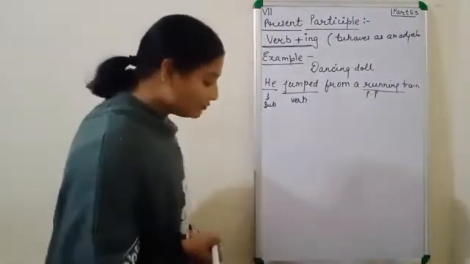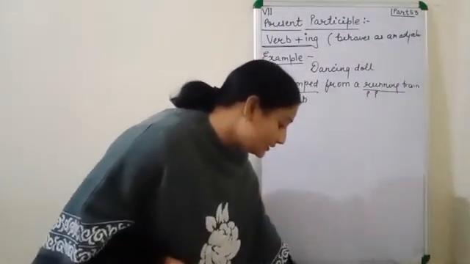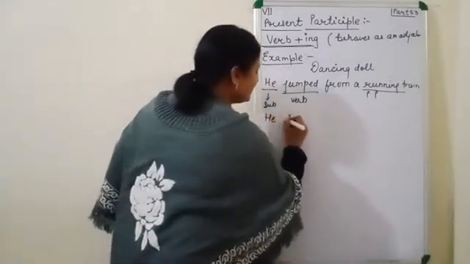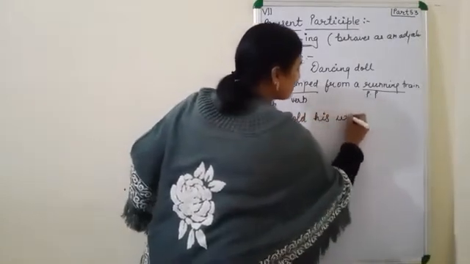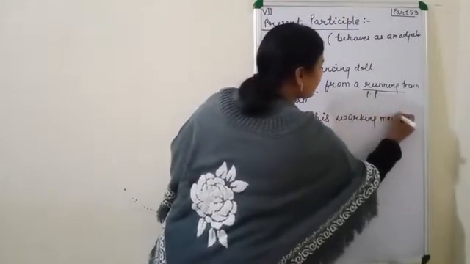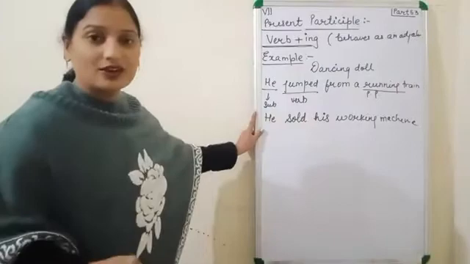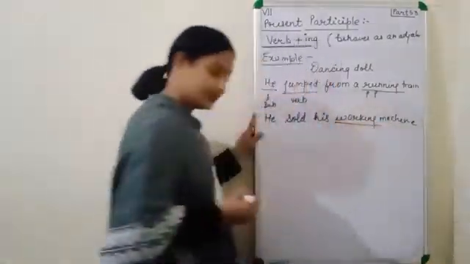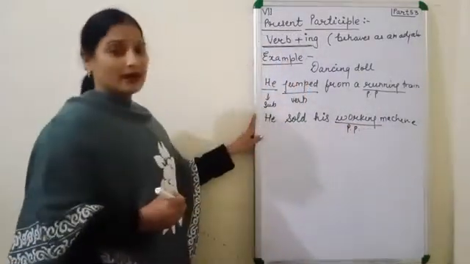See one more example. He sold his working machine. Now, what about the machine? How was the machine? The quality of the machine. The machine was working. And here, this "working" will be the present participle.